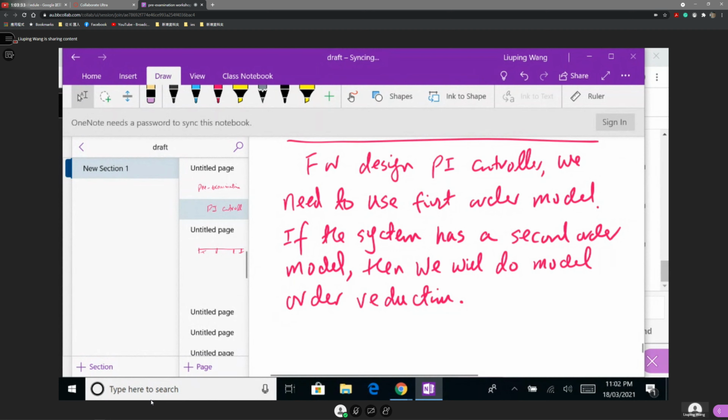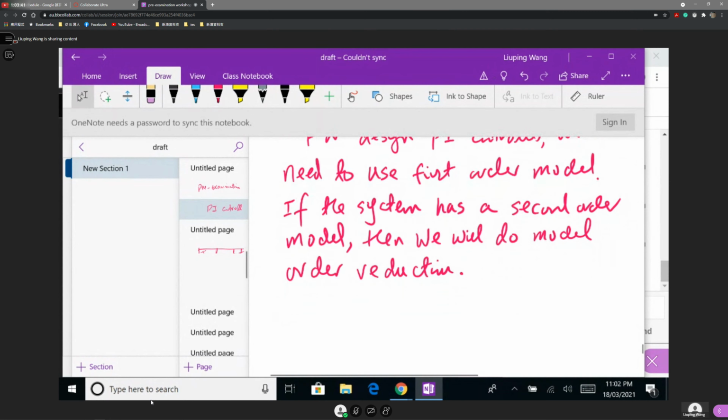Okay. So give an example, right? So if you have a system, you have one that is s plus 2, right? And another one is s plus 10, right?